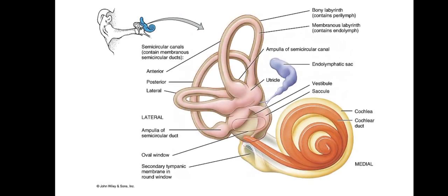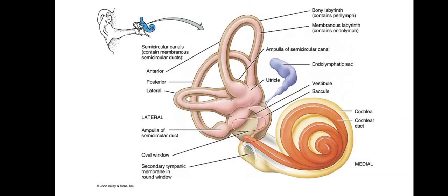Now look at this figure. You can easily find the bony labyrinth as well as the membranous labyrinth. In this tubular structure, the three semicircular canals are indicated by pink color, and the spirally coiled cochlea is indicated by orange as well as yellowish color.